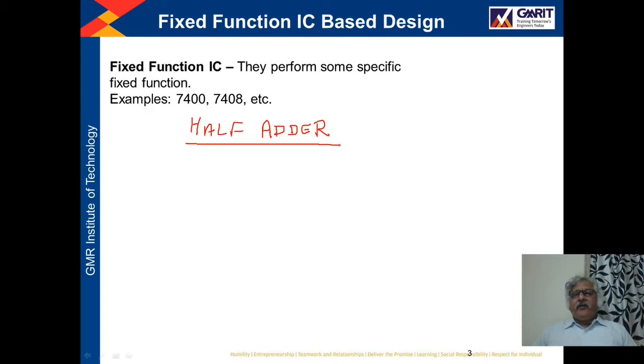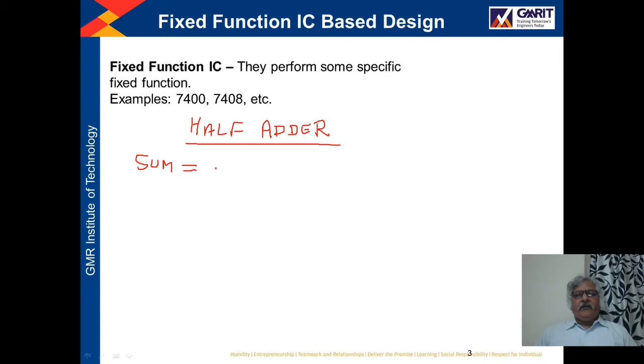With the knowledge of his digital electronics subject, he will write the truth table of the half adder. Then he may use the K-map technique or Boolean algebra technique. Then he will realize the expression for the half adder. So once he realizes the expressions of the half adder, he will come to know the expression for sum.